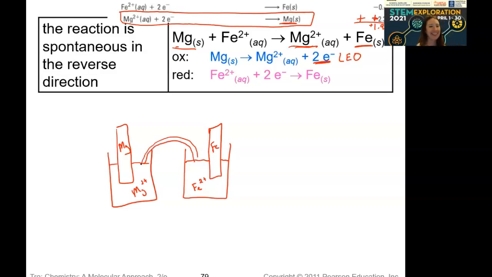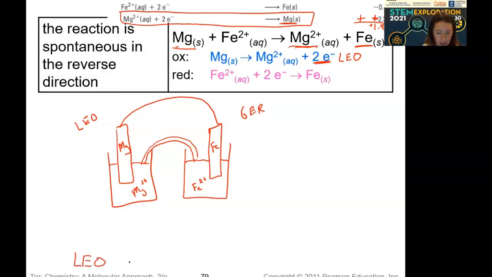That's my salt bridge. I can't draw. We'll decide which way the ions go in a second. Then we connect them by a wire. This is our oxidation, lose electrons. This is our reduction, gain electrons.